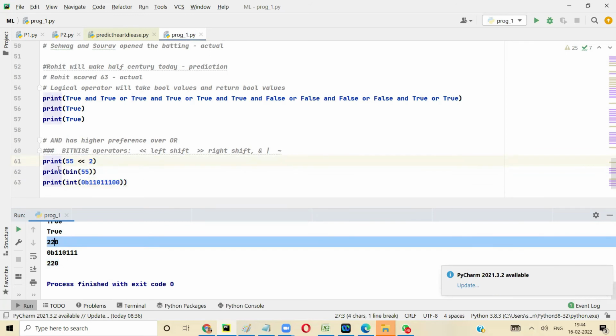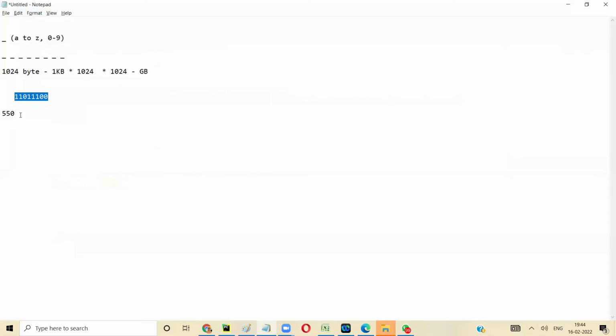So 55 into 2 is 110, and 110 into 2 is 220. When I'm doing left shift on 55, it gets multiplied. In the decimal system, when you move to the left, it gets multiplied by 10.